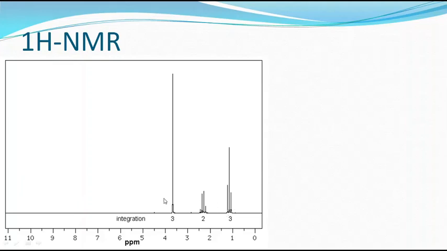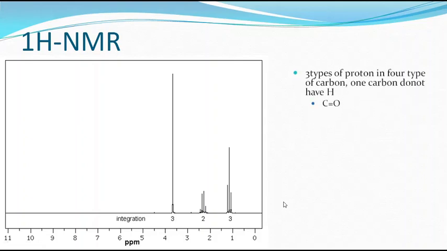There are 3 sets of signals in proton NMR other than the carbonyl, and we shall analyze them one by one. There are 3 types of protons and 4 types of carbon. One carbon does not have hydrogen, that is the carbonyl carbon. This is what we infer from C13 NMR and proton NMR.